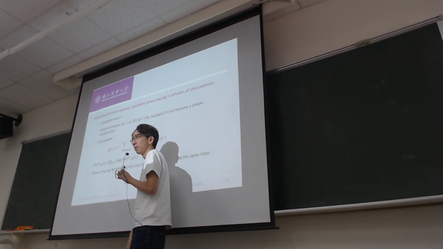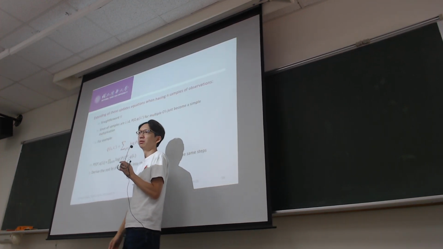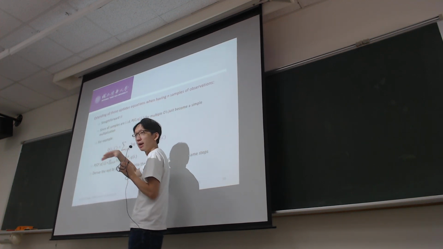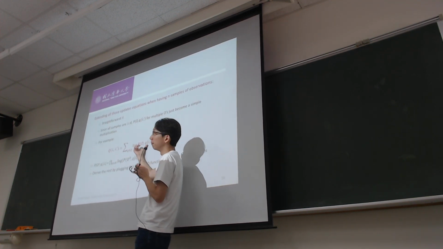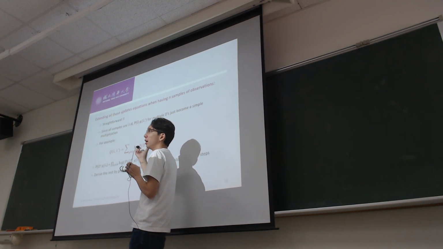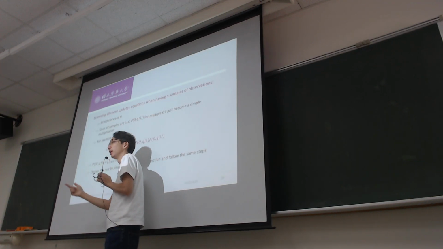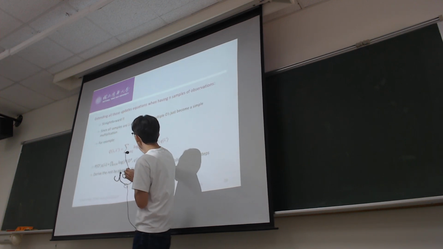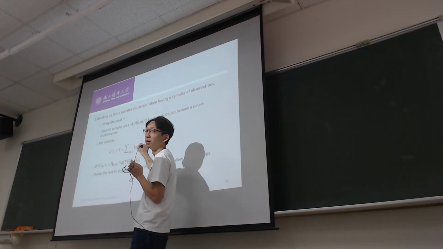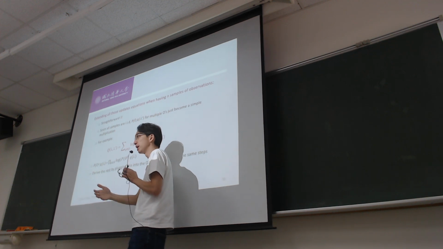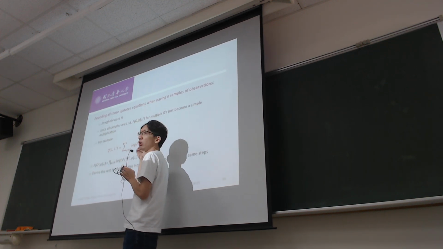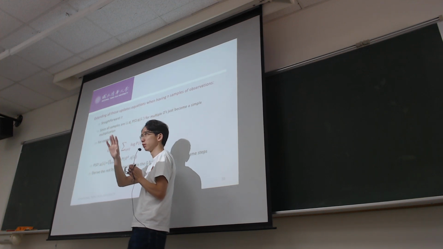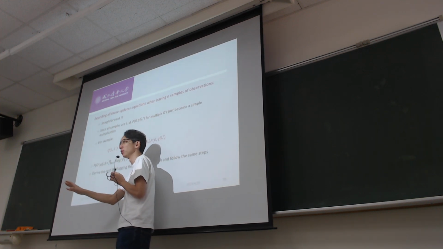There's a separate proof that we don't have time to do: by maximizing this Q function, which is the expected value of the complete data likelihood function, in the long run it converges as though you're maximizing directly the log of P of O given lambda, the incomplete data likelihood.